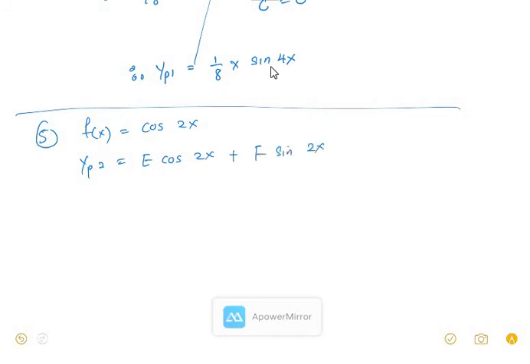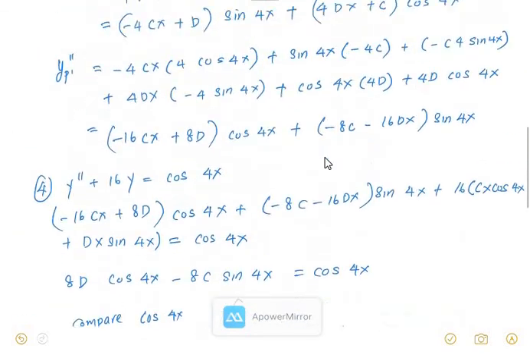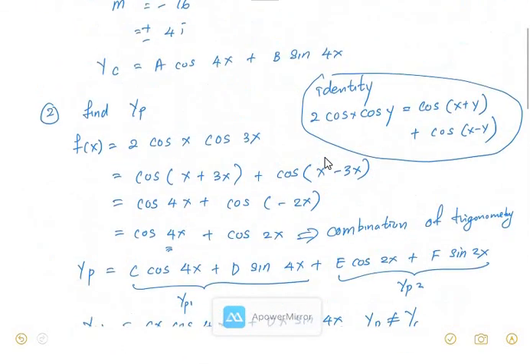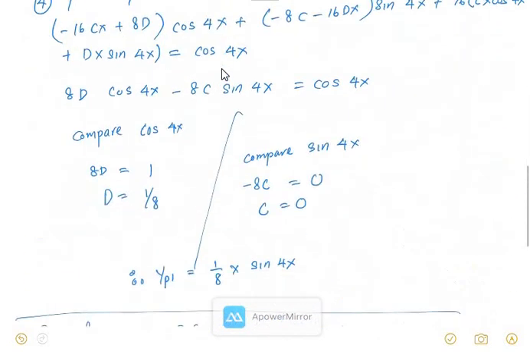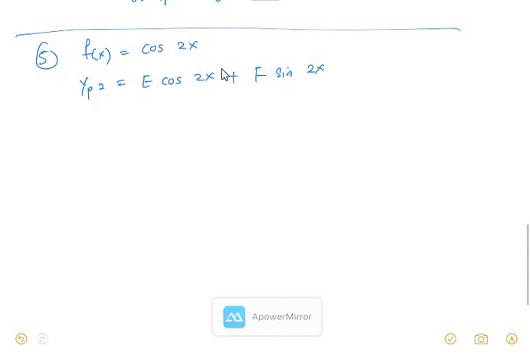So check again whether this yp is the same as yc or not. Now check back the yc. Your yc is a cos 4x, this is 4x, just now it's 2x. So it's not the same. So yp is not the same as yc. Therefore, that is the yp2.